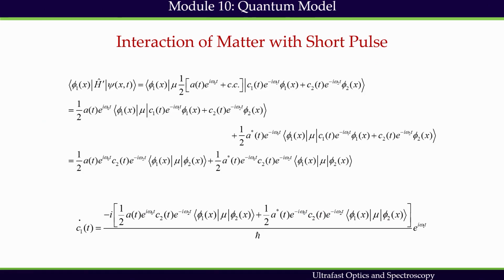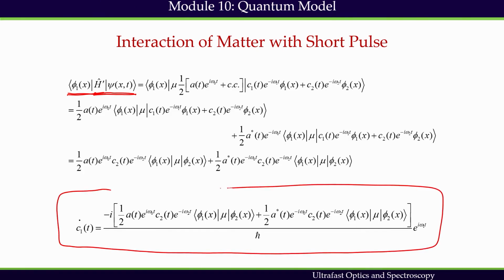And then if we insert this final expression for this part of the Hamiltonian, we get this expression, and finally we end up with this expression. This is just simplifying these expressions.